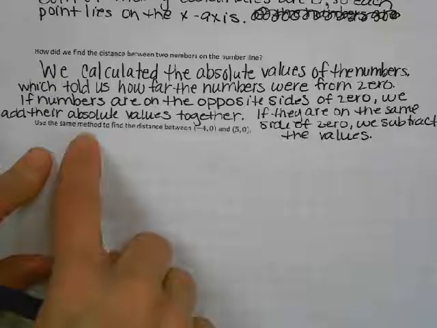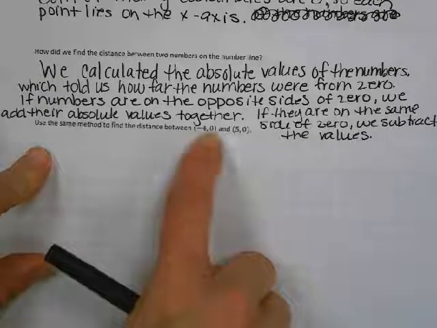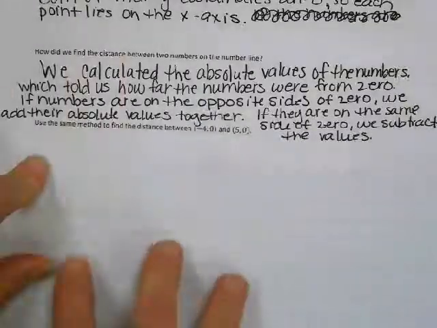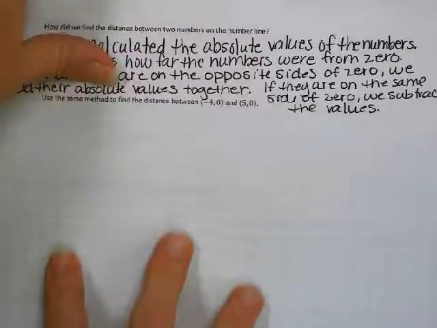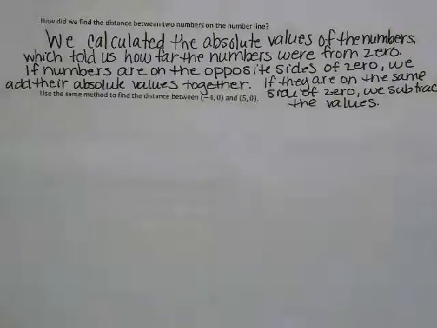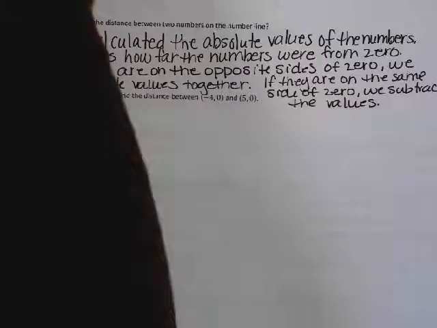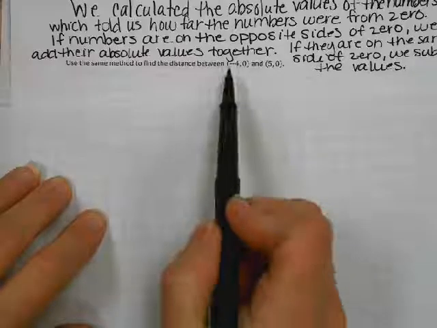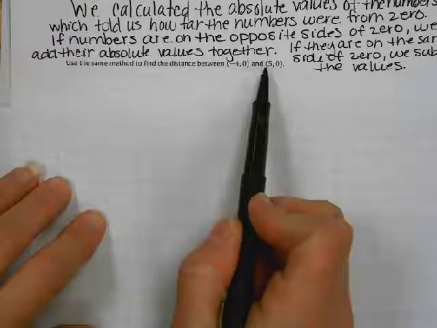So it says use the same method to find the distance between -4, 0 and 5, 0, that same point that we had at the beginning. The way that we do this is we look at what it has in common, and we notice that the y-coordinates are in common. We also notice that this is a -4 and a +5.